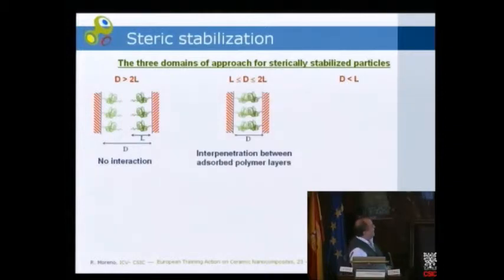When they approach and the distance is lower than 2 times the total length of the polymer, this means that the polymer chains have been mixed.